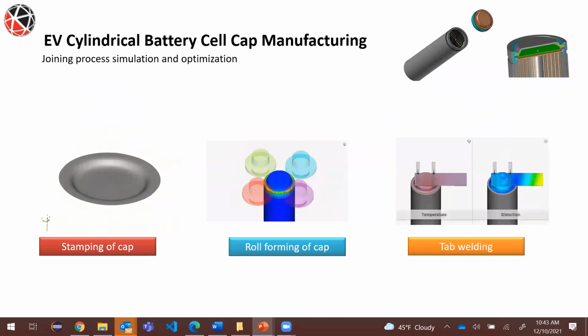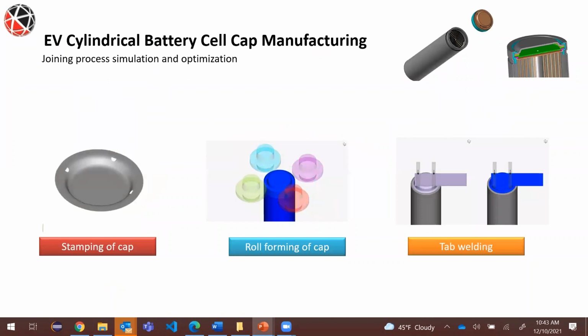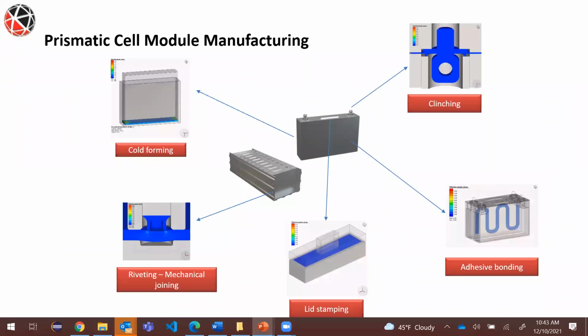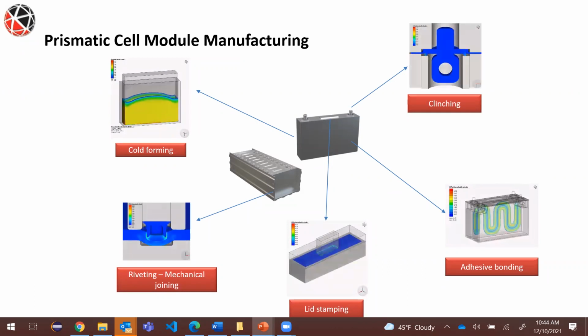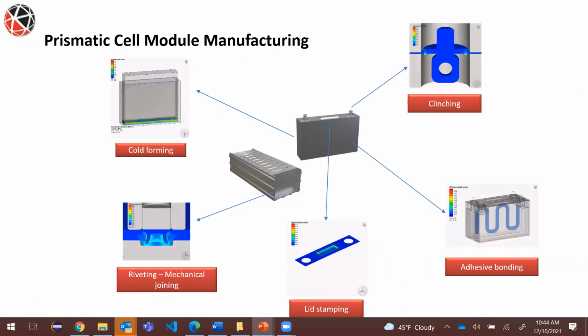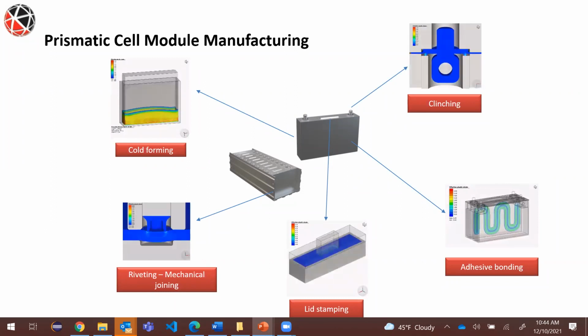So usually for electric vehicles you break down the engineering at the cell level, which is the battery itself, at the module level, which is the group of batteries, and then at the pack level, right? So here are some examples of manufacturing at the cell level. This is actually a rectangular battery with cold forming, riveting, lid stamping, adhesive.